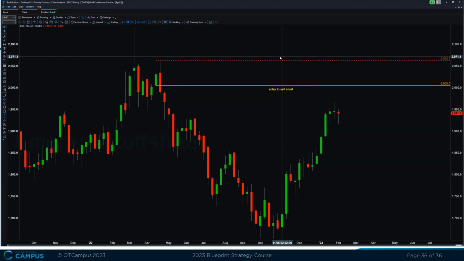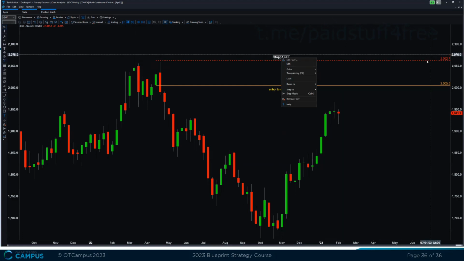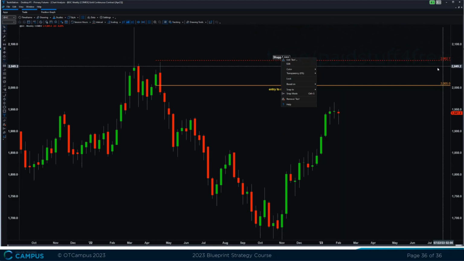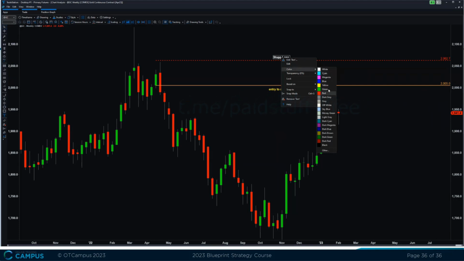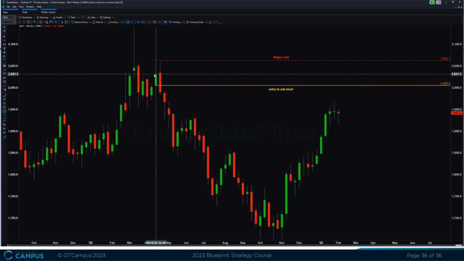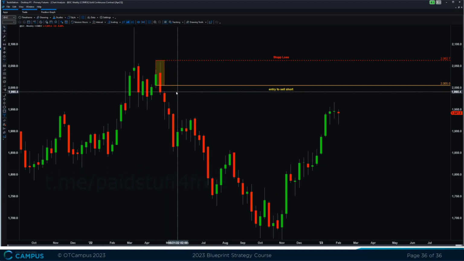And we have a stop loss right here at 2062, while the entry is at 2000 roughly right here. So that becomes our trade, right? That becomes our trade.